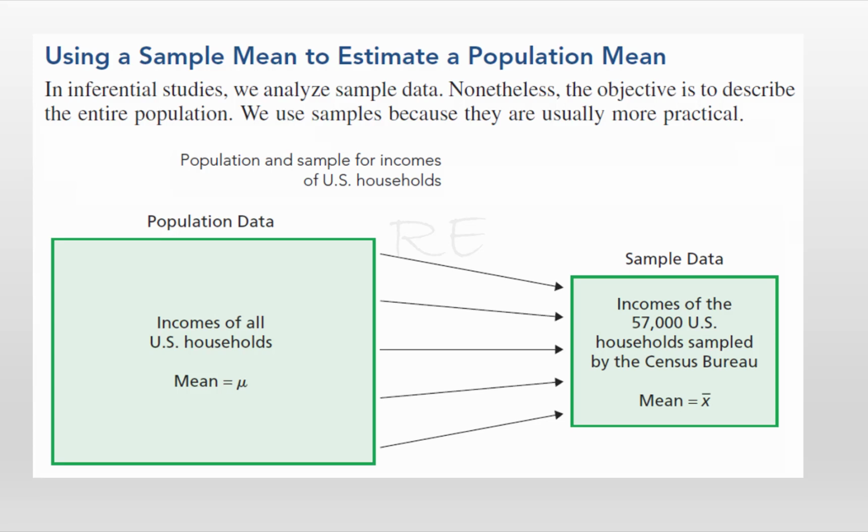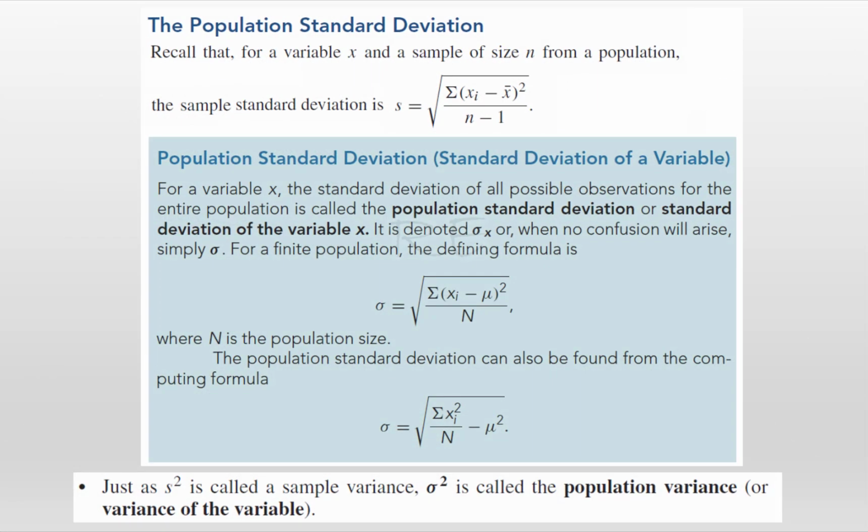Now here's how it works. The sample data is used to make projections into the population. A sample of 50,000 US households is used to analyze the income of the entire US population. The sample standard deviation is the square root of the variance, which means it's the square root of the sum of all the deviations squared divided by n minus 1.